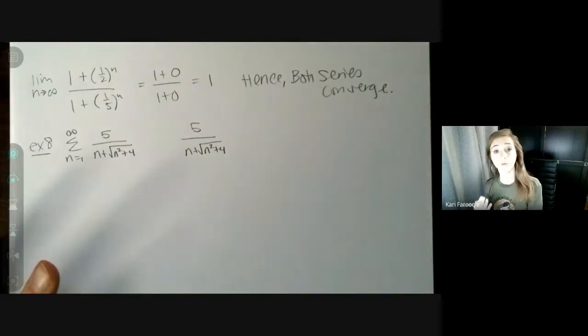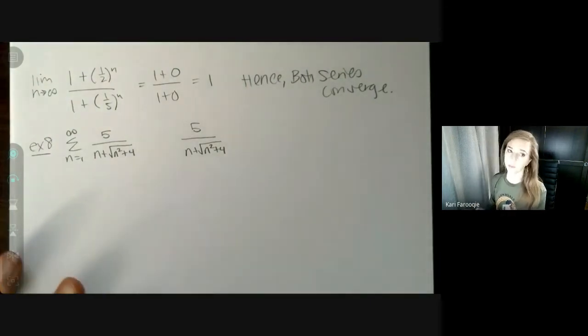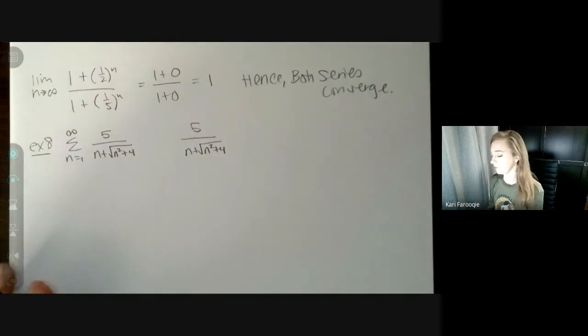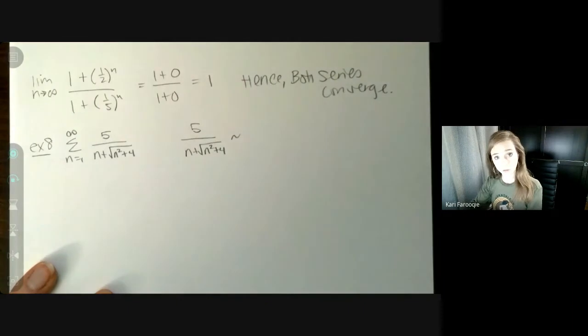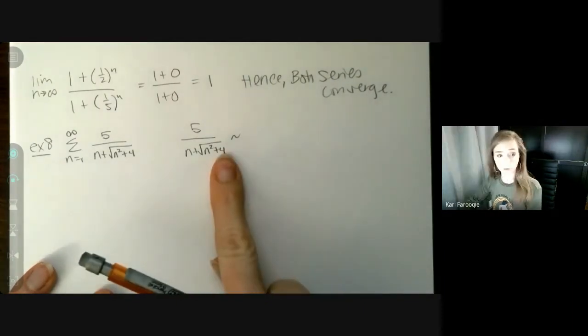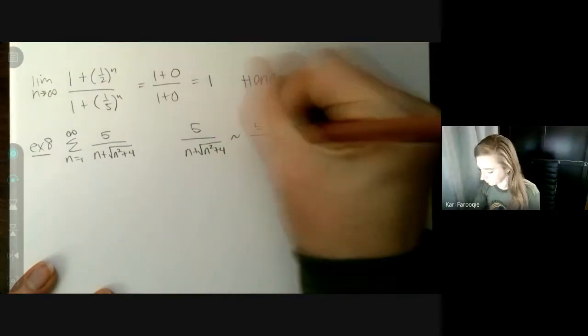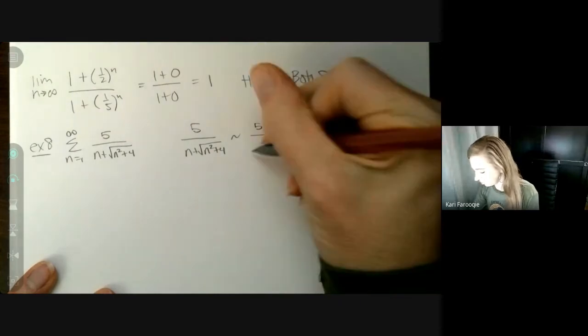All right, so the most important thing here is to find an appropriate comparison series. So let's go ahead and lop off the constant here. I'm going to get rid of the plus 4. You can keep the 5 if you want. It doesn't matter. You can call it a 1.